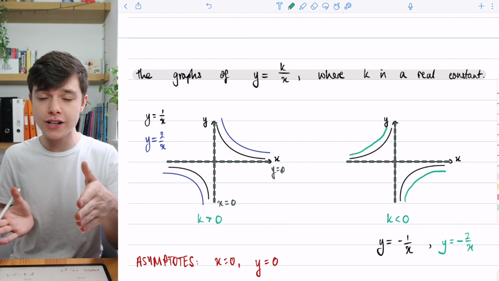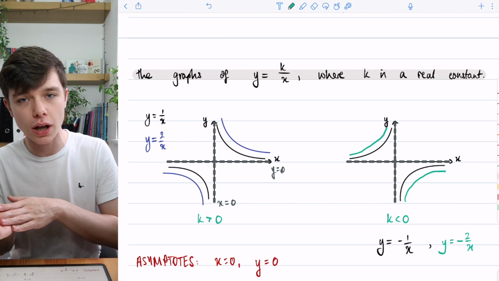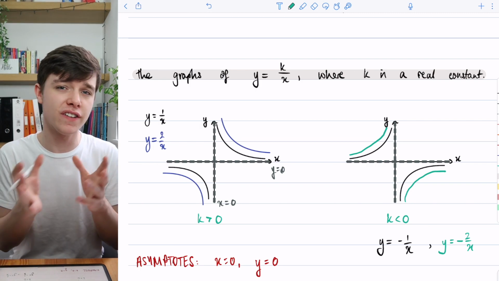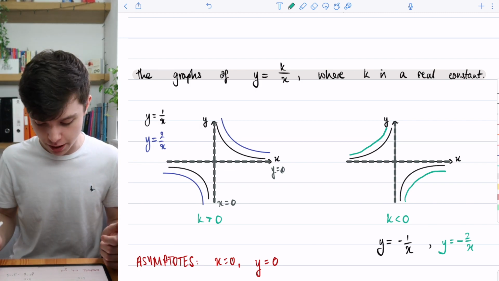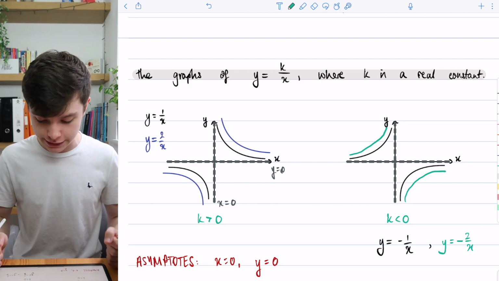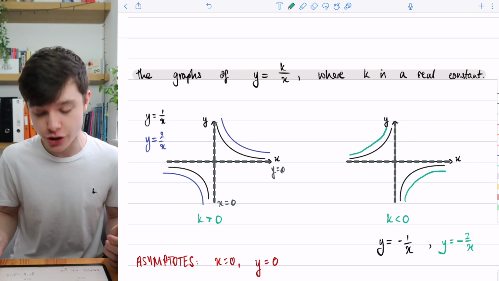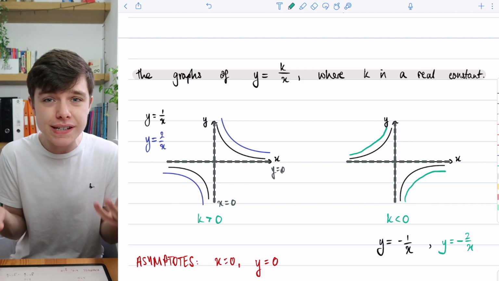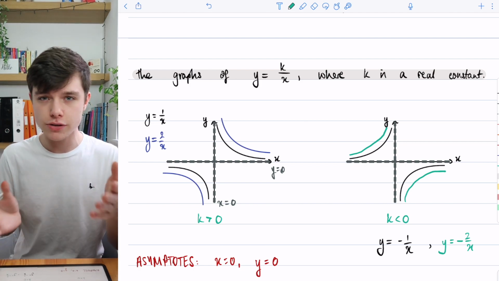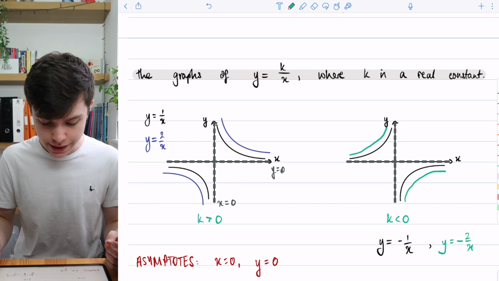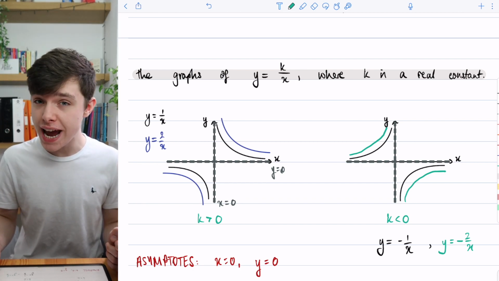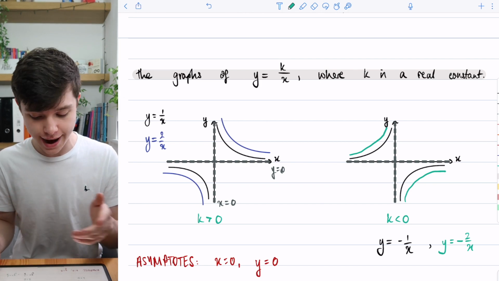It's a little stretched, even though the number is smaller, we have a negative out the front. If you ignore that, we've got a bigger number on the top, so it's going to stretch the graph a little bit more. Let's say that was minus 2. It could also be minus 3 because we've got no scaling on the graph, we don't know. We just know it's a bigger number. Okay, so that's how the graphs change depending on the value of k that we've got on the top.